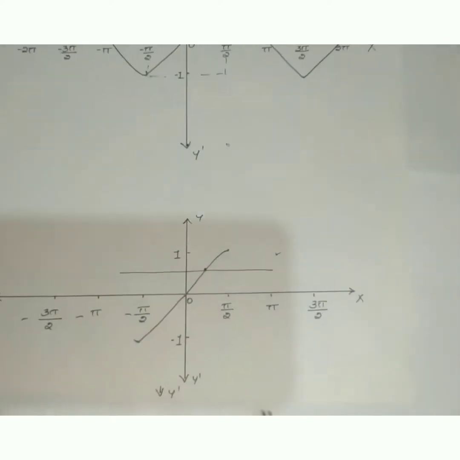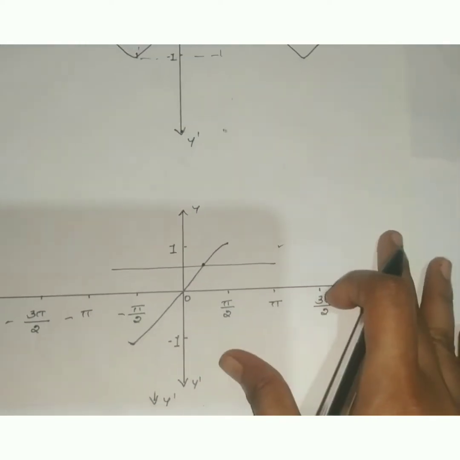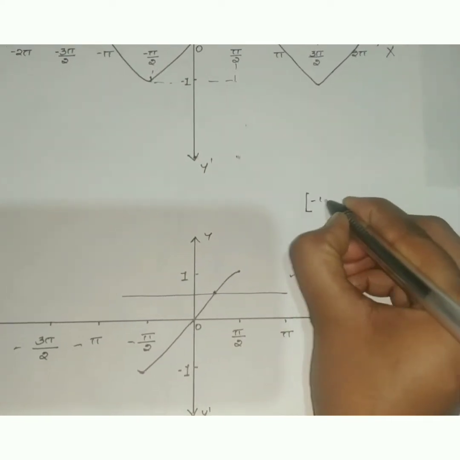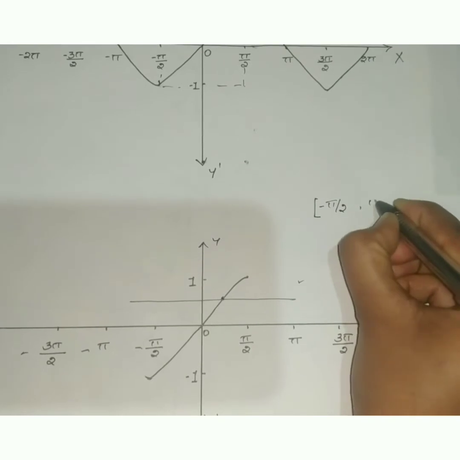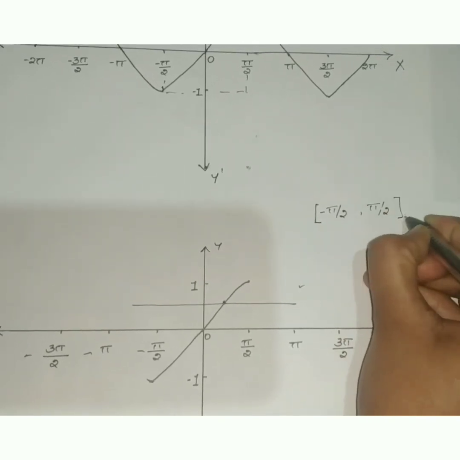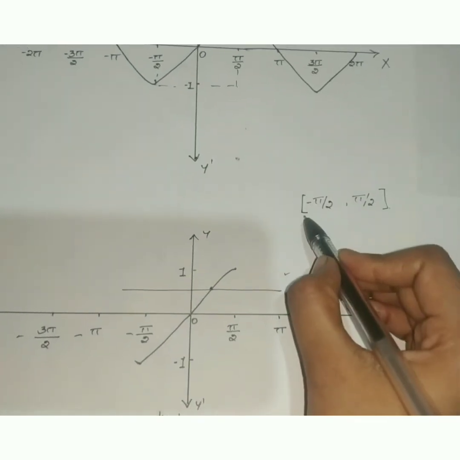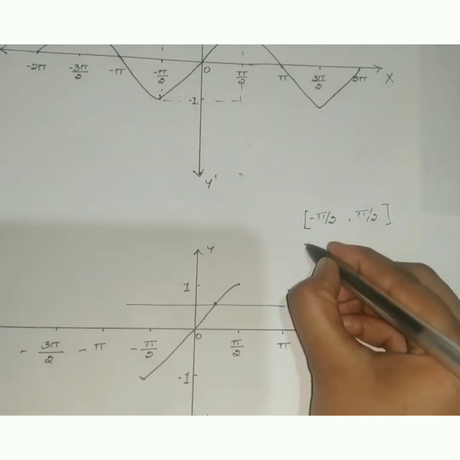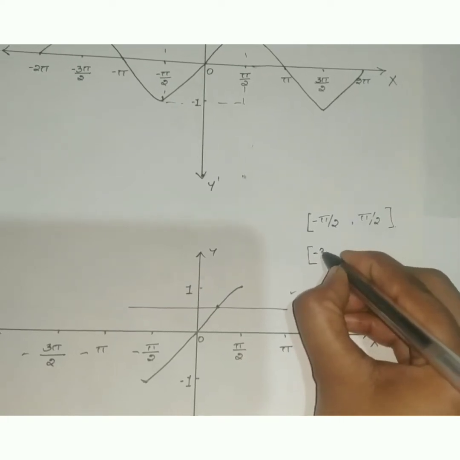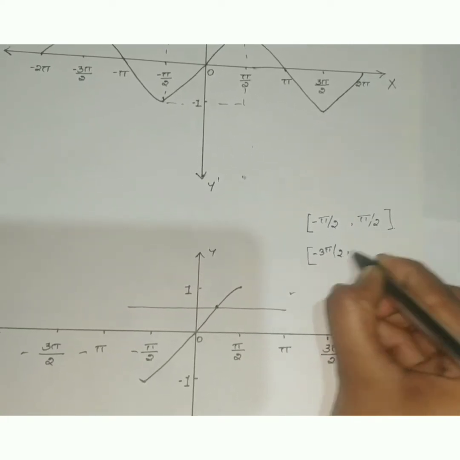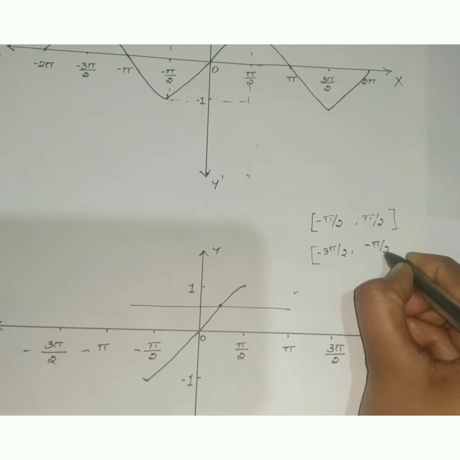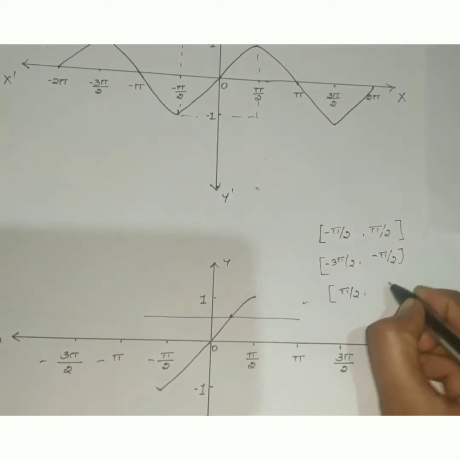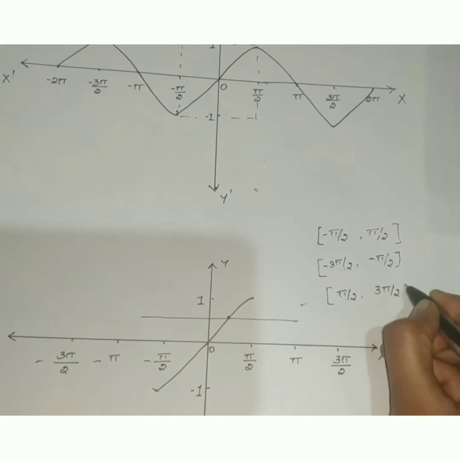Therefore, sine function is restricted to the closed interval minus pi by 2 to pi by 2. Not only the closed interval minus pi by 2, pi by 2, but also the closed interval minus 3 pi by 2 to minus pi by 2, or the interval pi by 2 to 3 pi by 2.